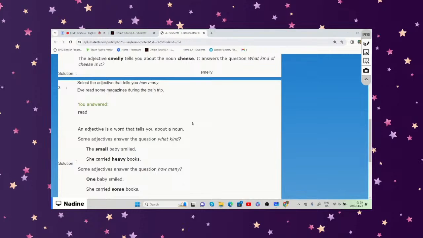So if they want us to recognize the adjective that tells us how many, then it says Eve read some. Then some will be our adjective. Some magazines during the train trip.